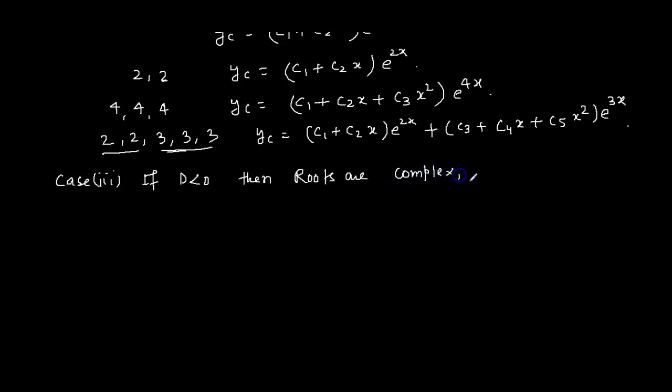Roots that are complex are also called imaginary. In that case, imaginary numbers will always come in the form of a pair, p plus or minus iq. So yc in this case we can write as e to the power of px c1 cos of qx.